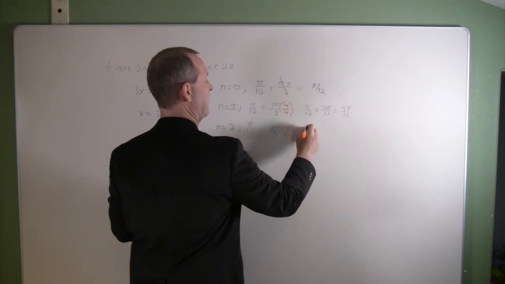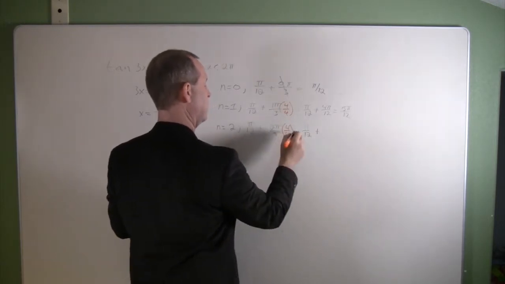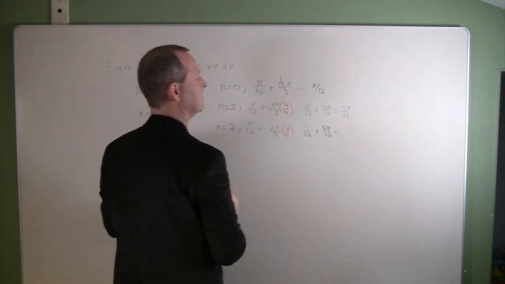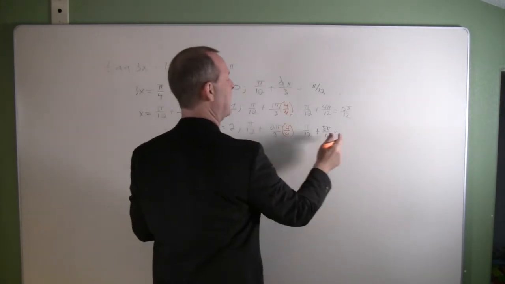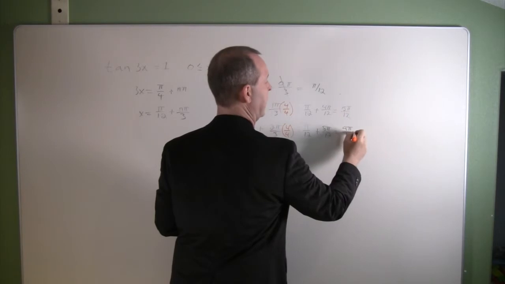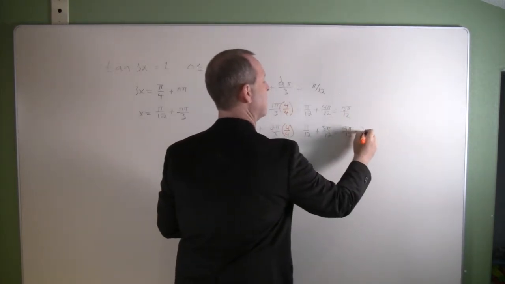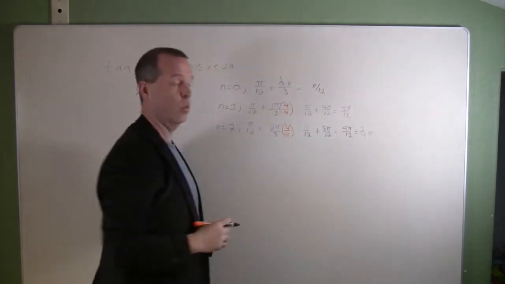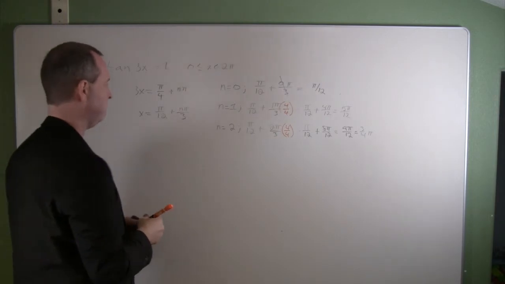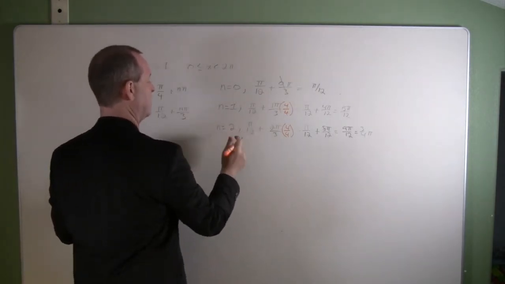So I have pi over 12 plus 8 pi over 12, and that equals 9 pi over 12. And I can reduce that down to 3/4 pi, which again you'll notice is between the range 0 and 2 pi. And I can do this for all the values.